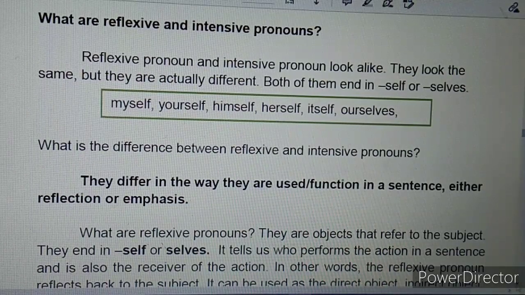Reflexive pronouns and intensive pronouns look alike. They look the same, but they are actually different. Both of them end in self or selves. Examples: myself, yourself, himself, herself, itself, and ourselves. But what is the difference between reflexive and intensive pronouns?